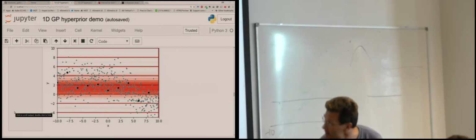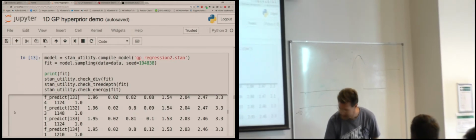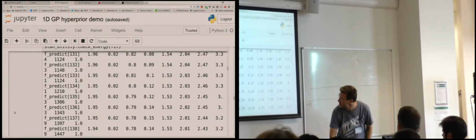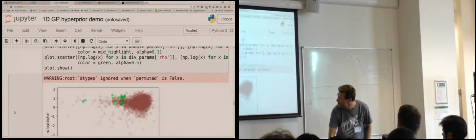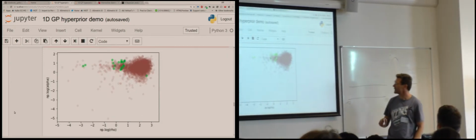So we should have a prior which says that really large values for length scale are not feasible. So let's use a weakly informative prior, sample again, and we get much better results.